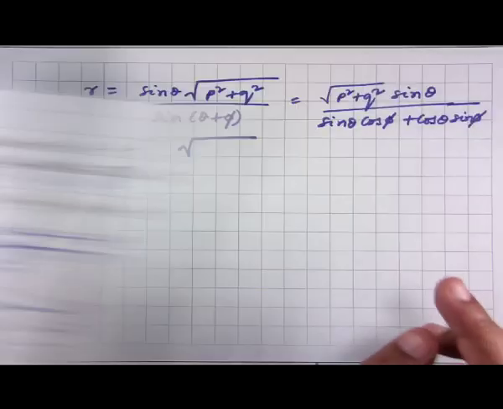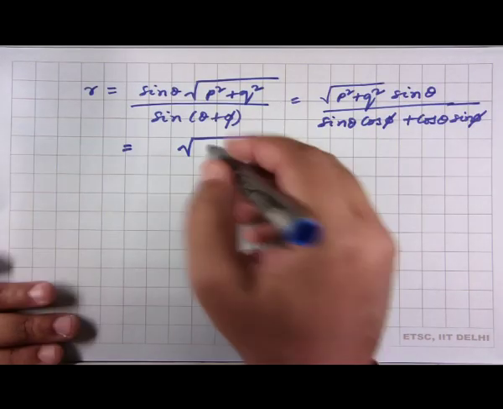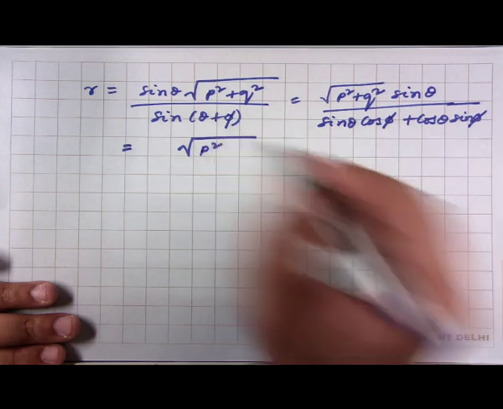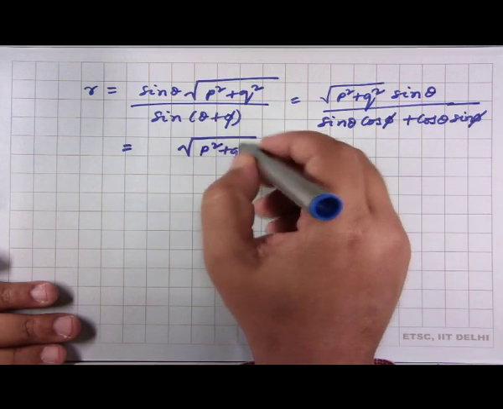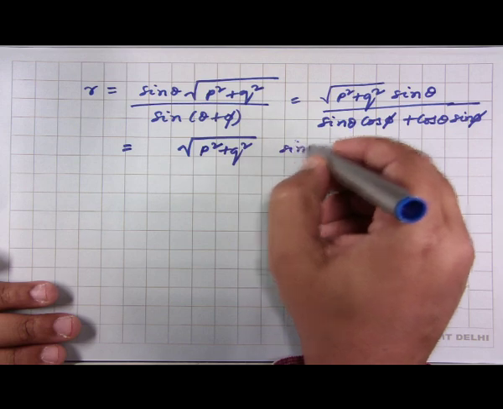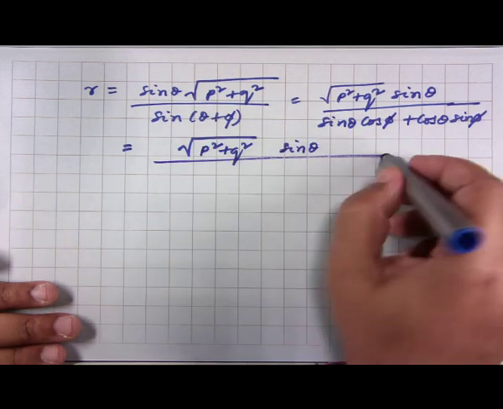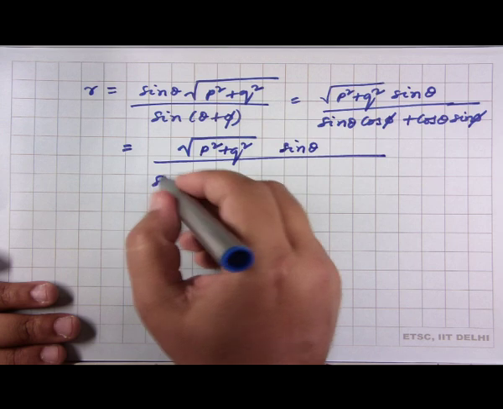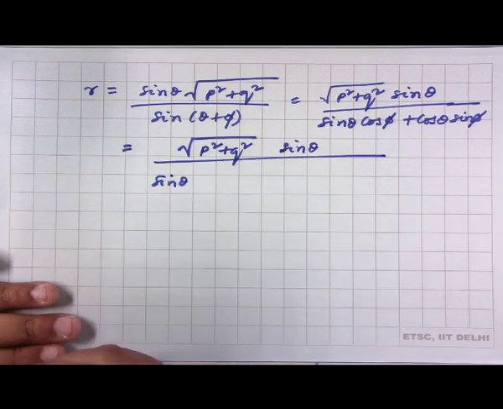So, using that we get R to be equal to (P square plus Q square) times sine theta over sine theta into cos phi.